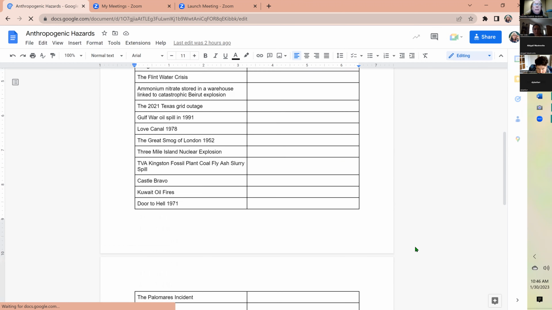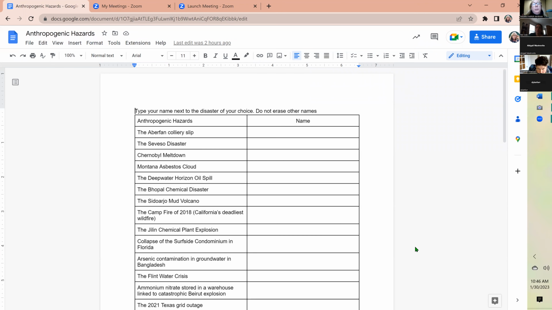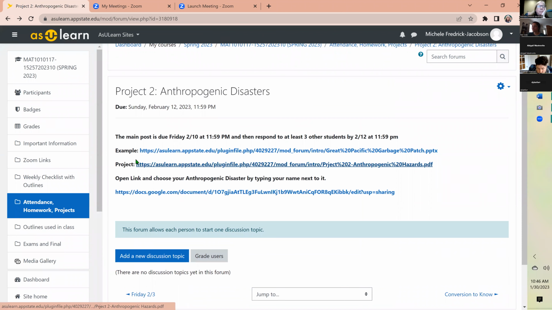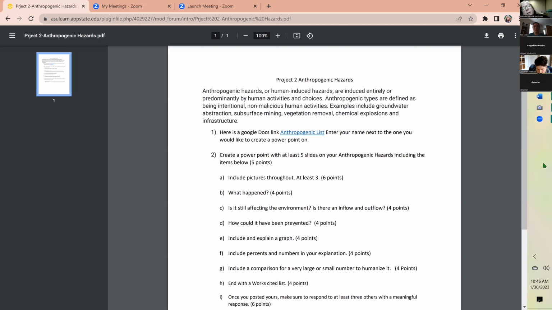What are these? These are all disasters, man-made disasters. Let me go back. The project. Anthropogenic hazards are human-induced or man-made and are predominantly caused by human activity and choice.